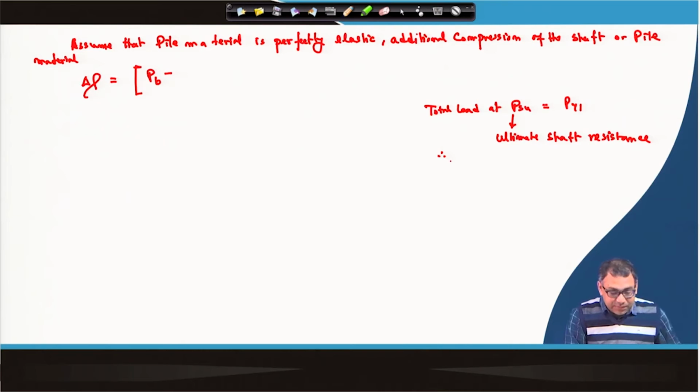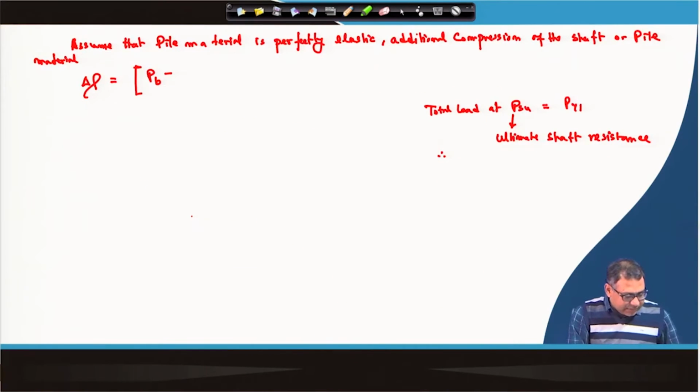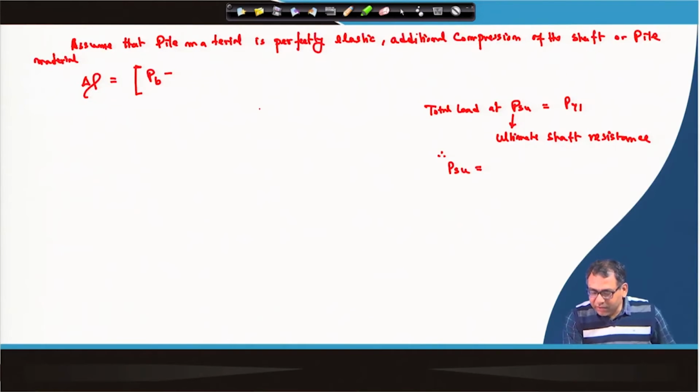So, how much is transferred to the tip? If the total load is P, then the shaft portion is P into 1 minus beta and the base portion is beta into P. So, the shaft portion P S U will be equal to the total load into 1 minus beta, that is, P y 1 into 1 minus beta.